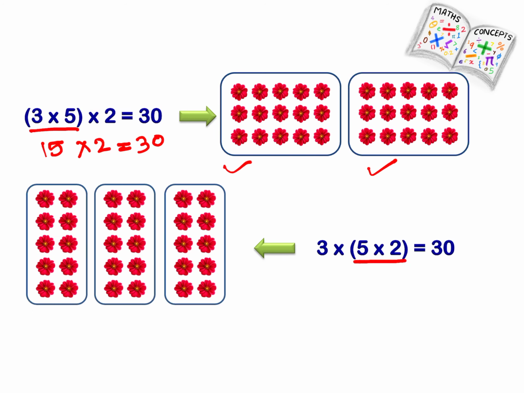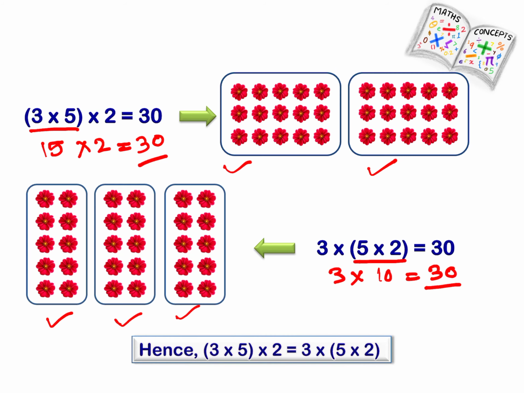And the second case is I have grouped the last two numbers together, that is 5 rows of 2 flowers each taken 3 times. This gives me 10 into 3 equal to 30, the same as the first answer.